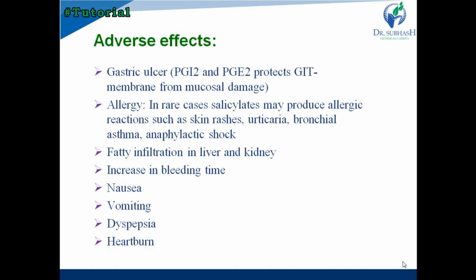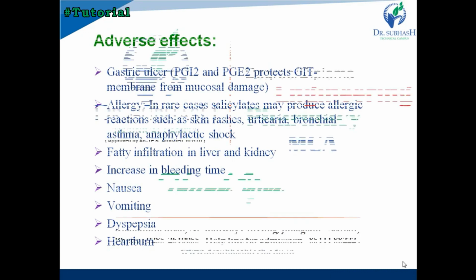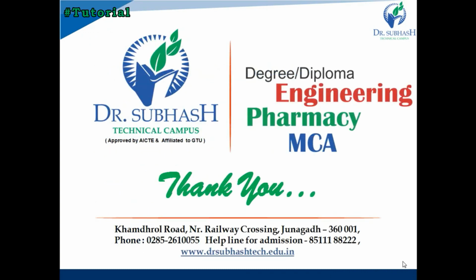Then fatty infiltration in liver and kidney, increase in bleeding time due to disturbances in the production of thromboxane, nausea, vomiting, dyspepsia, and heartburn. Dyspepsia means indigestion, and heartburn means burning sensation in the chest, mostly due to indigestion or acidity. So these are the adverse effects of NSAIDs. Okay. Thank you.